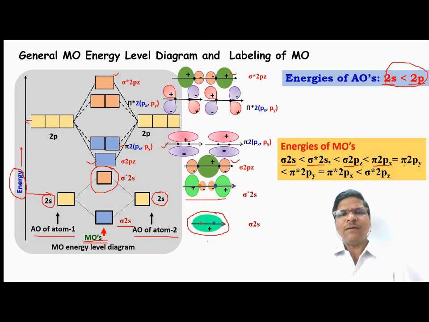Then we have pi star 2py, pi star 2px, again similar in energy. And lastly, highest in energy is sigma star 2pz. Atomic orbitals are organized according to their increasing energy. Like this, molecular orbitals in a molecule are also organized according to their increasing energy.